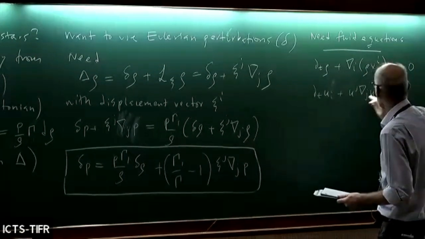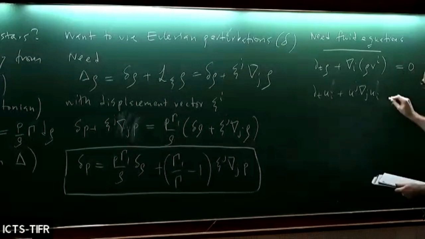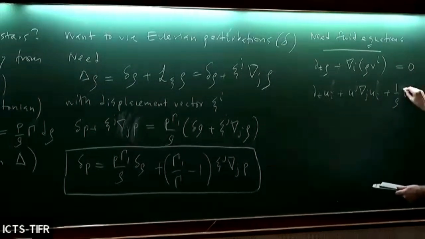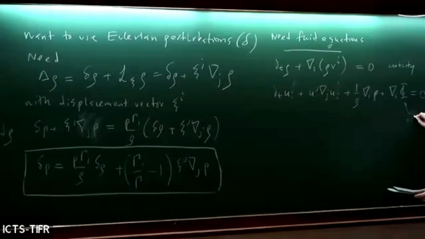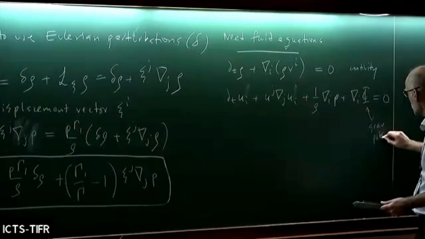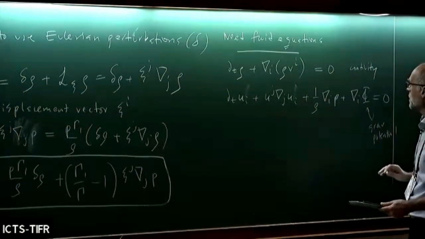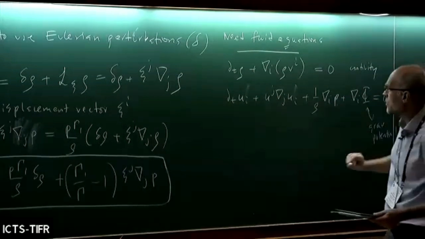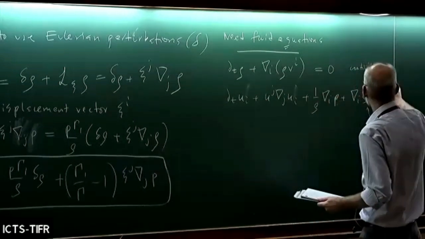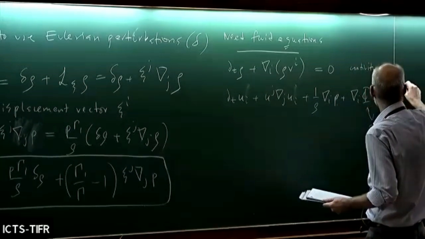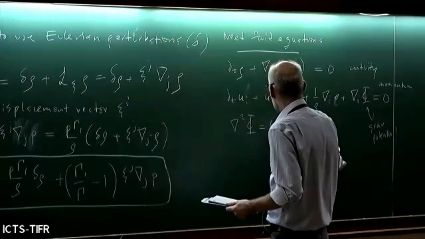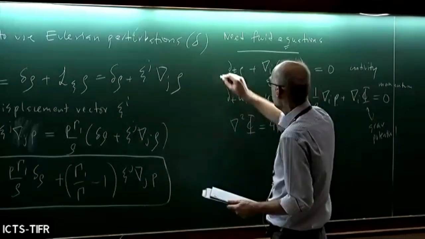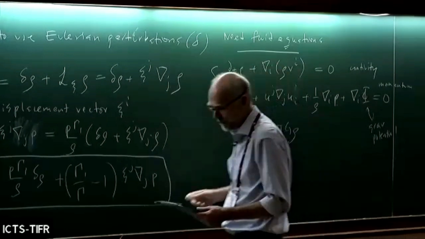Let's put the indices downstairs. Makes no difference. So this is the gravitational potential. Pressure, density, velocity. This is the momentum equation. And then I need gravity, so at some point, okay, I've got Poisson's equation.